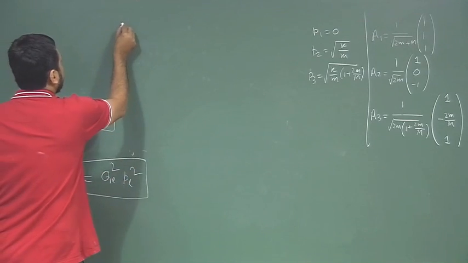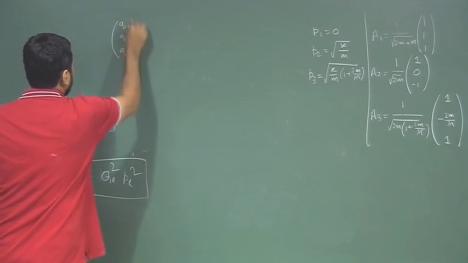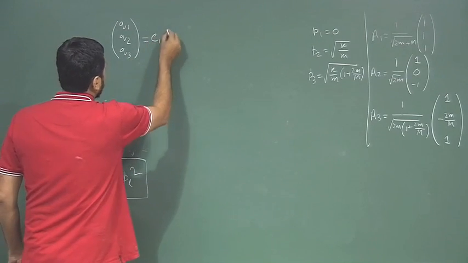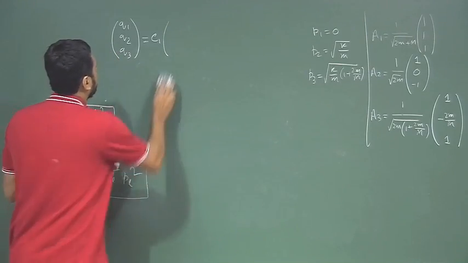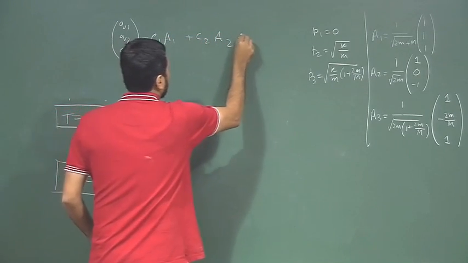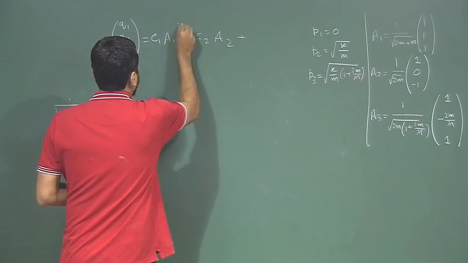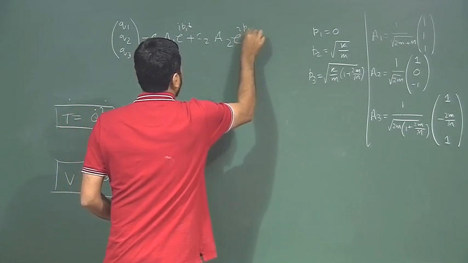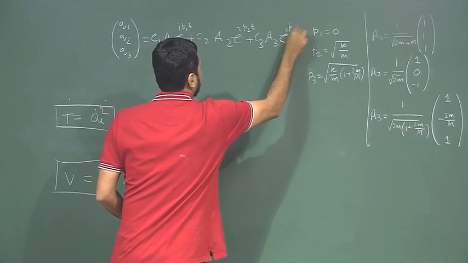So, in terms of the Cartesian coordinates q1, q2 and q3, we can write them as C1 A1 e to the power i P1 t plus C2 A2 e to the power i P2 t plus C3 A3 e to the power i P3 t, right.